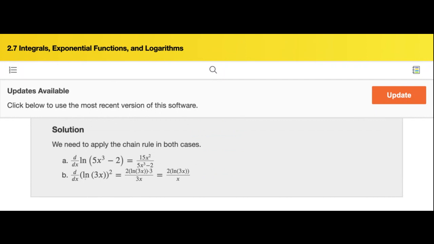So B is ln 3x, parentheses squared, so we square the ln. When we take the derivative, first by power rule, I have 2 ln 3x raised to 1, because 2 minus 1 is 1. Then by chain rule, the derivative of ln of 3x is 1 over 3x times 3. So simplify, we get 2 times ln 3x over x.